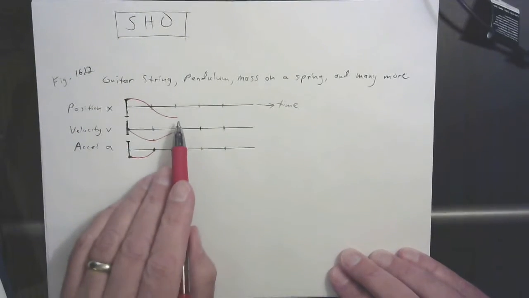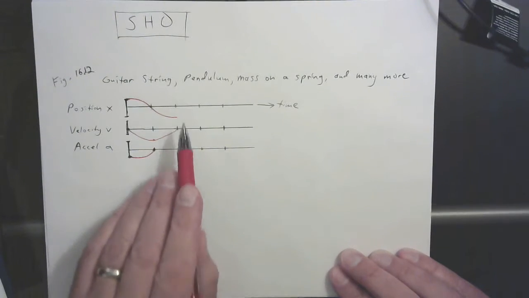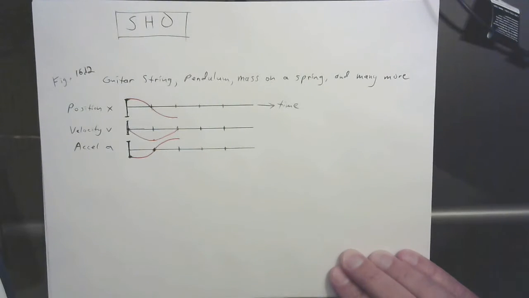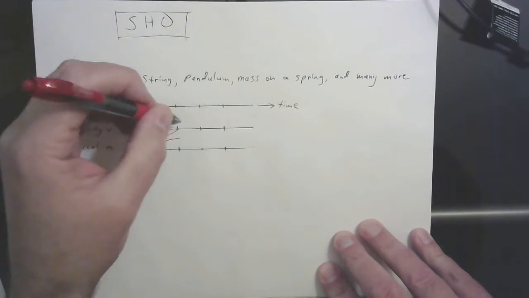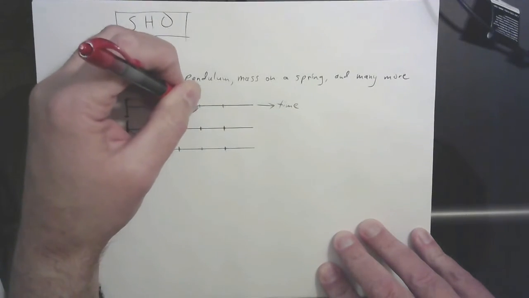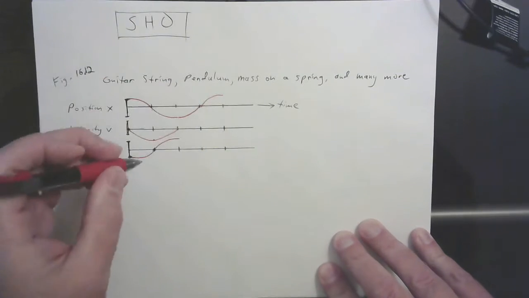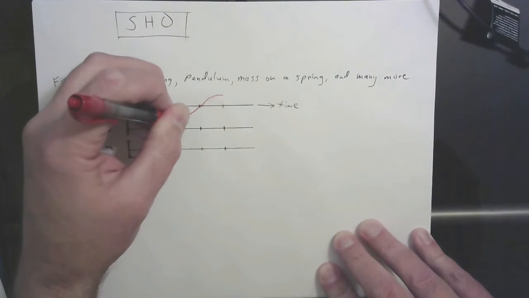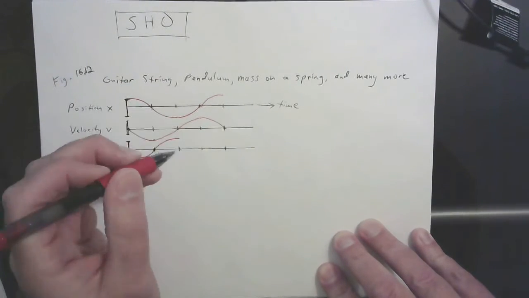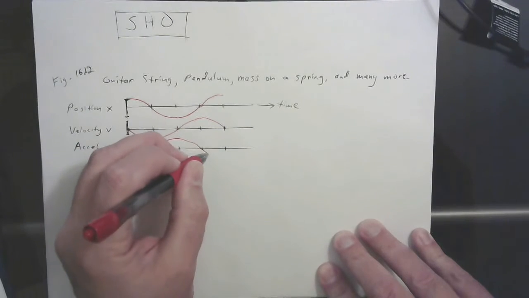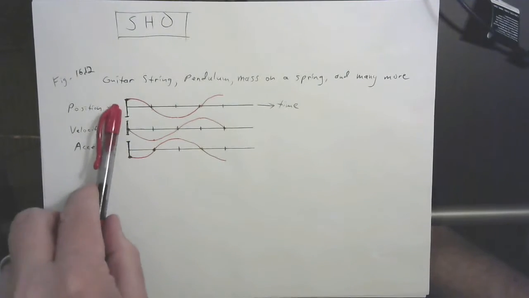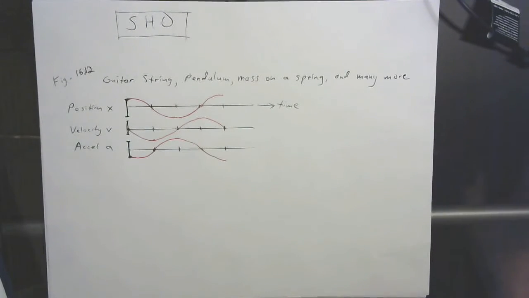The acceleration, though, you've got maximum force and it's positive, so your acceleration is going to be a maximum right there. And we can continue. So this goes through another cycle, and then another cycle as well. And these are all of the same shape.